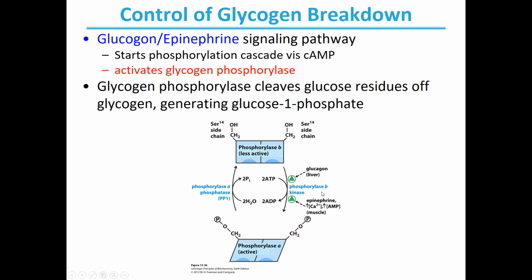Also note that other things can lead to phosphorylation, making glycogen breakdown occur, and these would be epinephrine, calcium, and high AMP concentration. All of these would signal that the muscle needs a readily available glucose source, so that says we need to break down the glycogen.